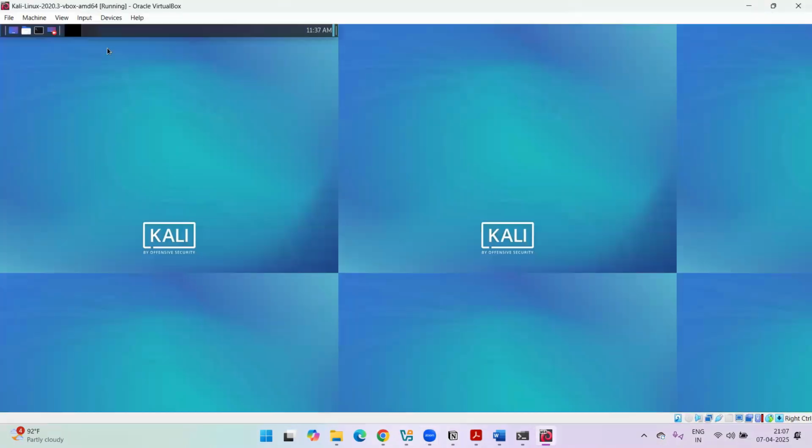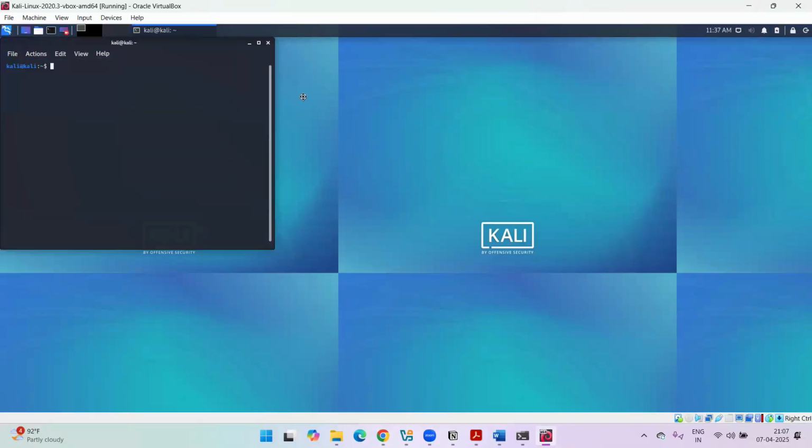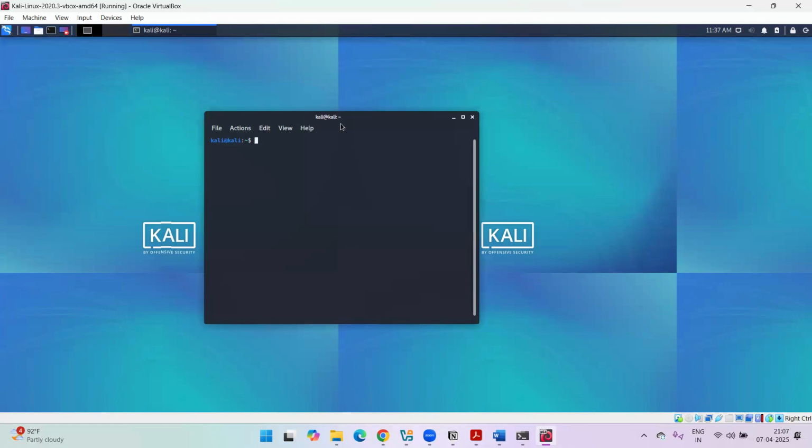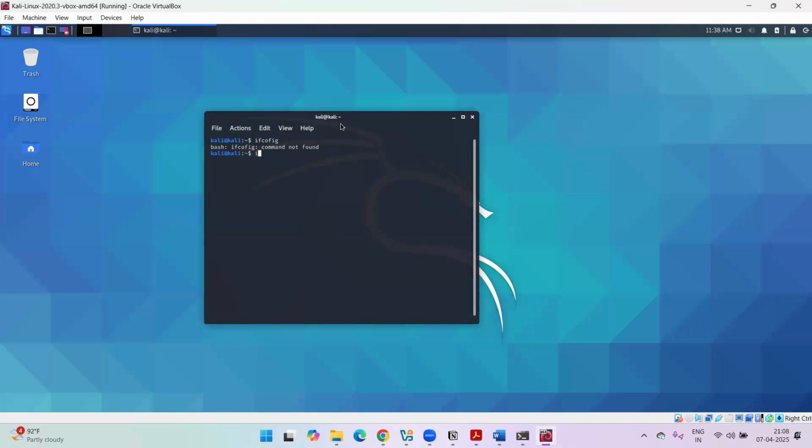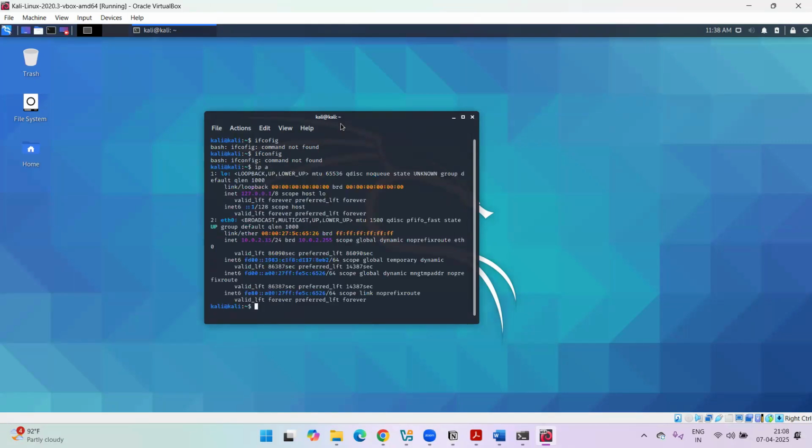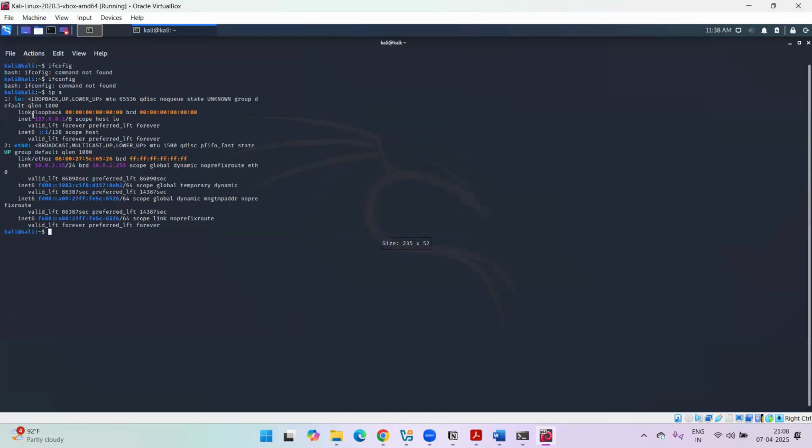I'm not sure how many of you have Linux installed. If someone is having a Mac, you can see that there is an interface. In Windows, you cannot see. If you type ifconfig, or type ip a, you have two interfaces.